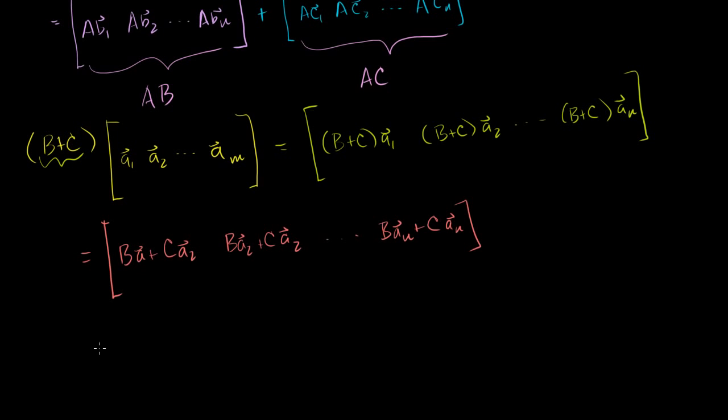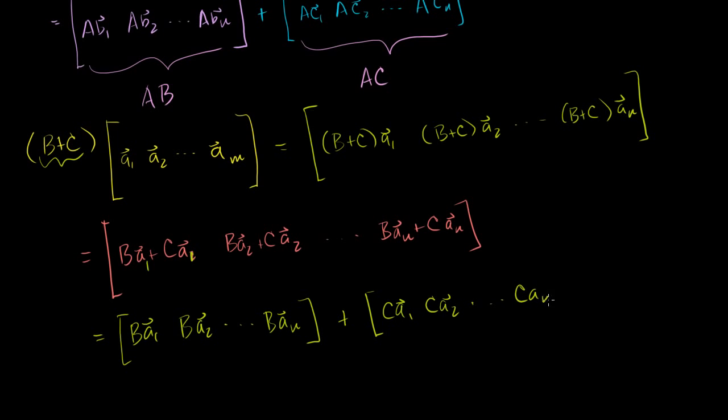I'll write it out. This is equivalent to B times A1, and then B times A2, all the way to B AN, plus the vector C times A1, C times A2, all the way to C times AN.